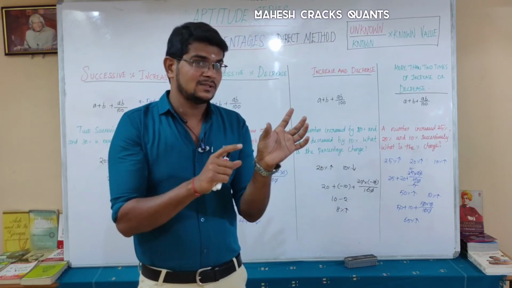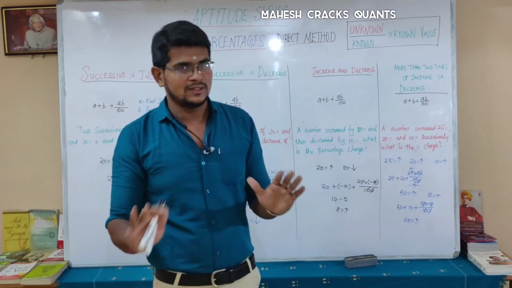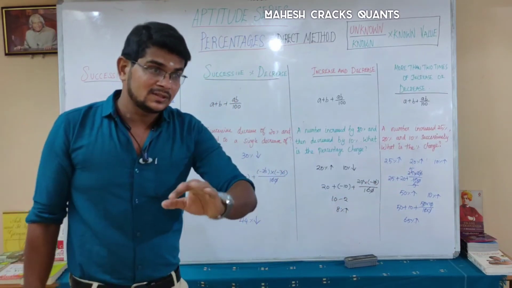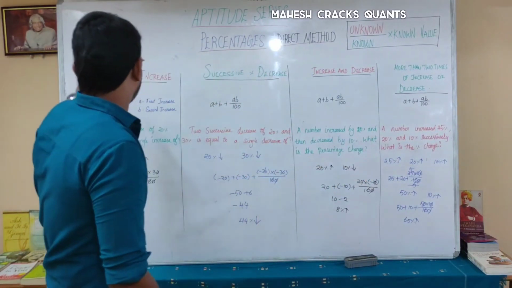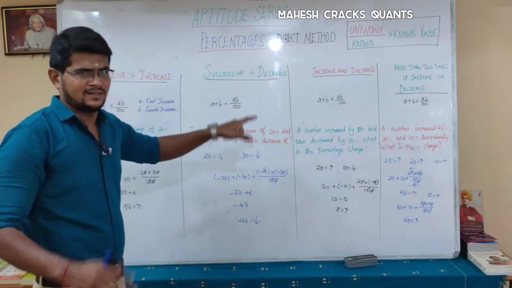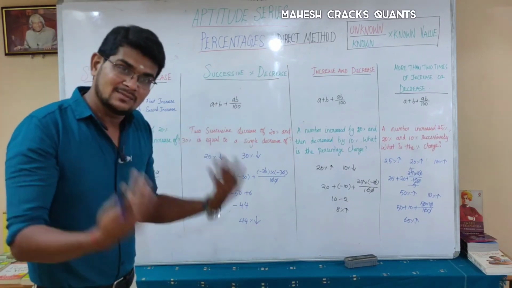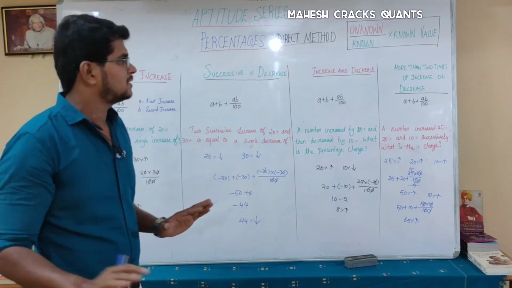The next year 10% will be calculated from 110, which is nothing but successive increase. For compound interest, we are not going to use any other formula, only successive increase, because there is no decrease in simple interest or compound interest. Interest always means increase.